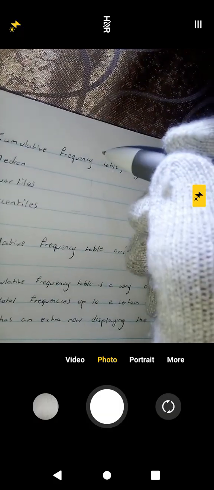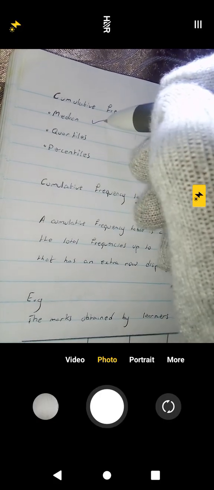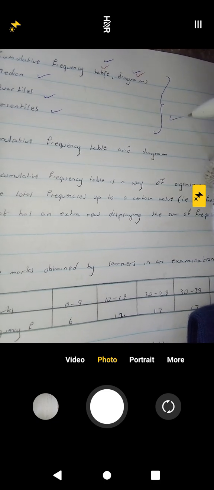So I hope the concept of cumulative frequency tables, cumulative frequency diagrams, median, quartiles, and percentiles is all cleared. So if any questions or concerns, please write in the comments. Now let's move on.